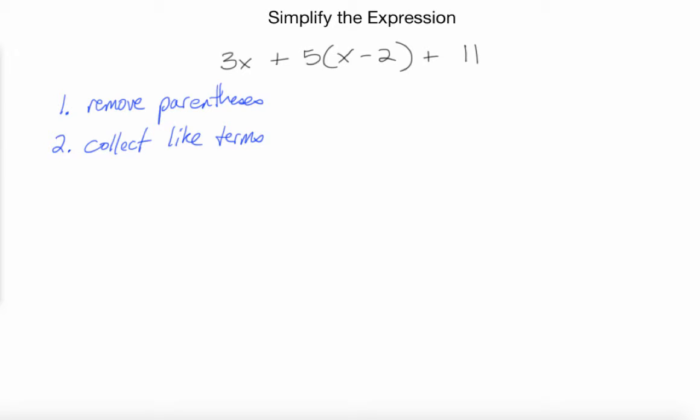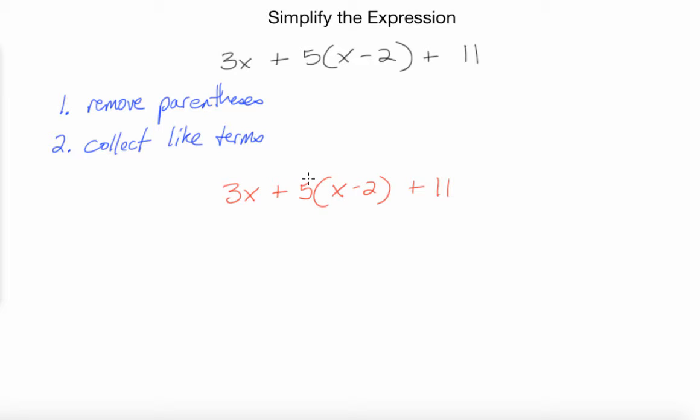Let's do this problem. So I'm going to rewrite it here. We've got 3x plus 5 times (x minus 2), and I'm adding to that 11. Well, the first thing we want to do is remove the parentheses. I want to be able to access this x minus 2. I don't want it to be separated out.